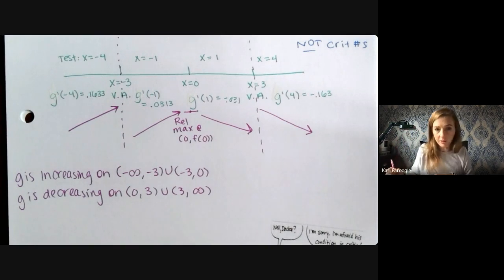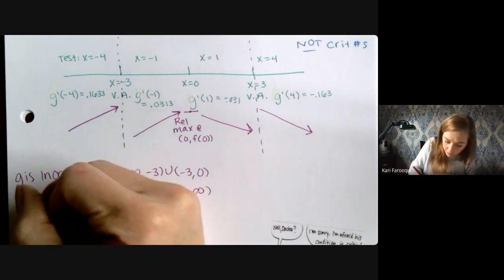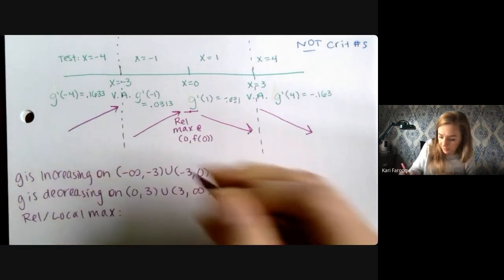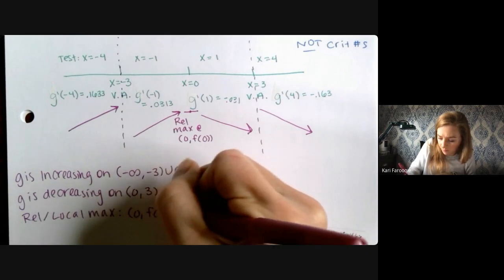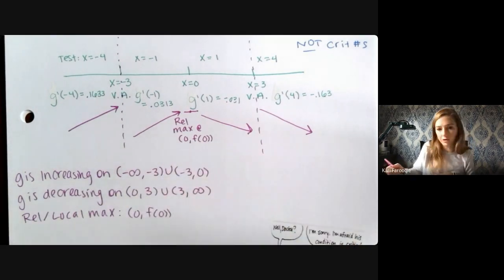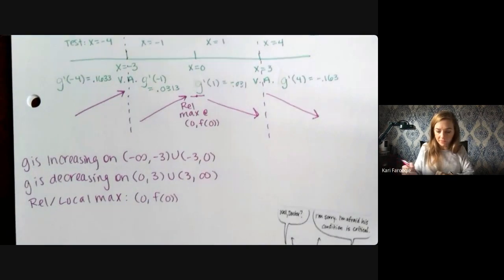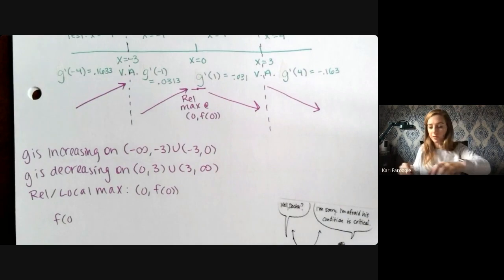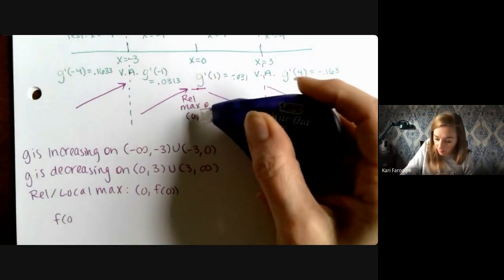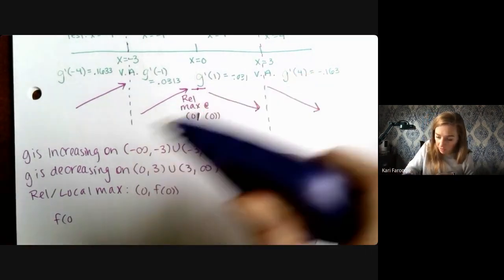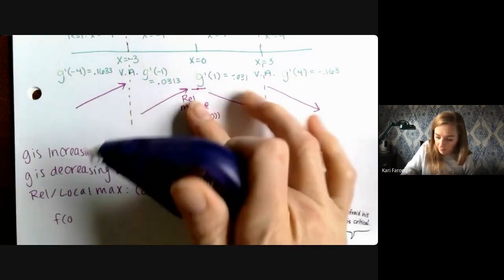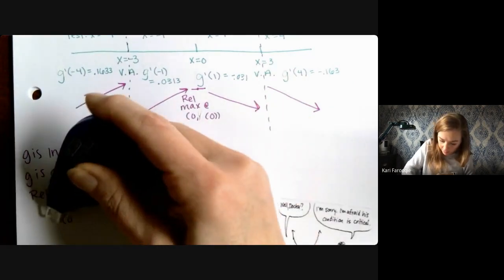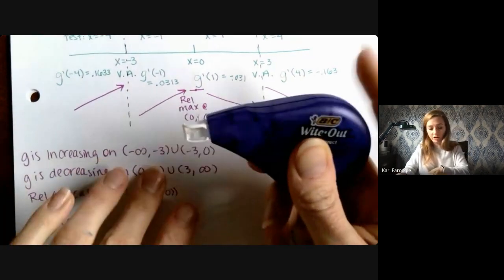Now we can say something about the relative or local maximum. Call it whatever you want. It's occurring at 0, f of 0. And if you want to just go ahead and find f of 0, we have a little bit of space to work with. Oh, I called it f again. Guys, you know what I meant. It's not f, it's g. G of 0. I'm never calling another function g again as long as I live.